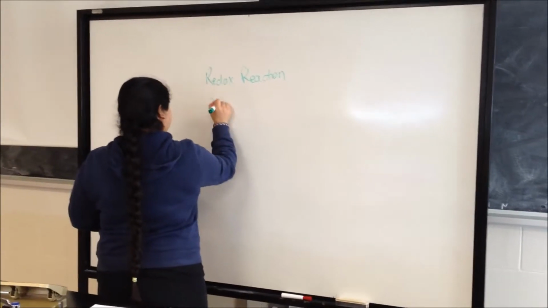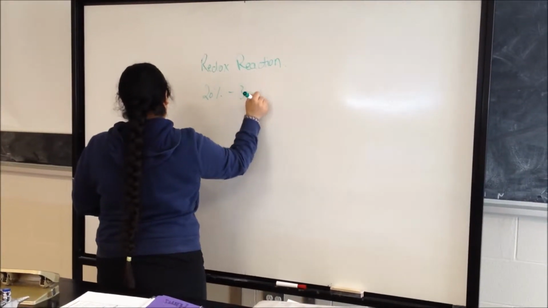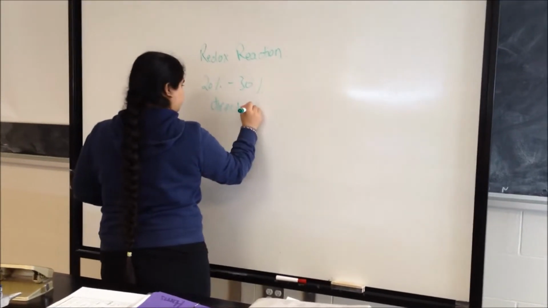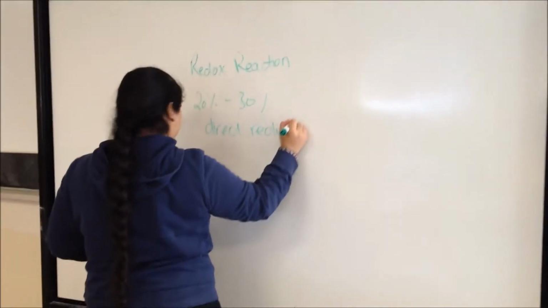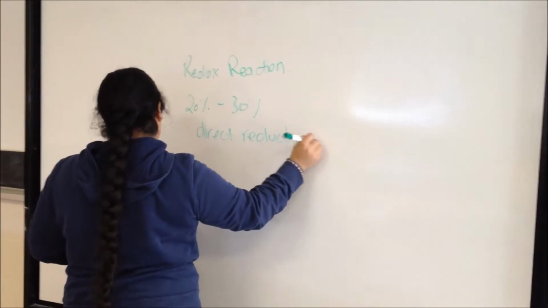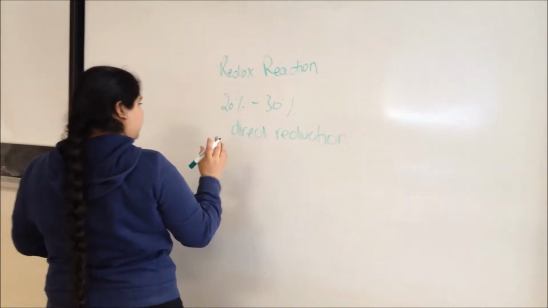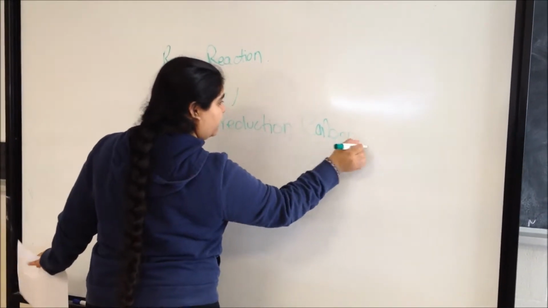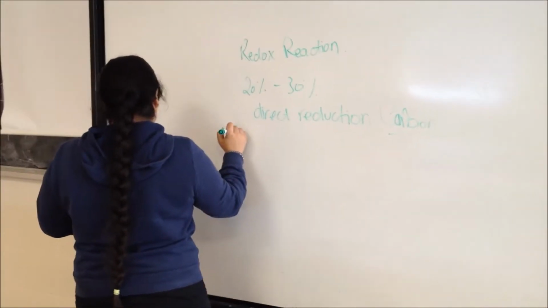Between 20% and 30% of the iron is produced by direct reduction. And you must be asking, what is direct reduction? When the ore is directly reduced by carbon, the element carbon in our periodic table.